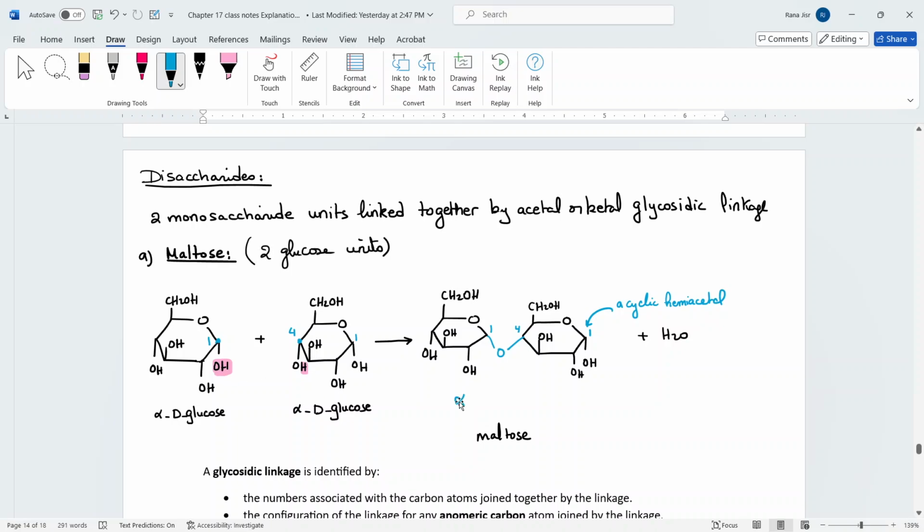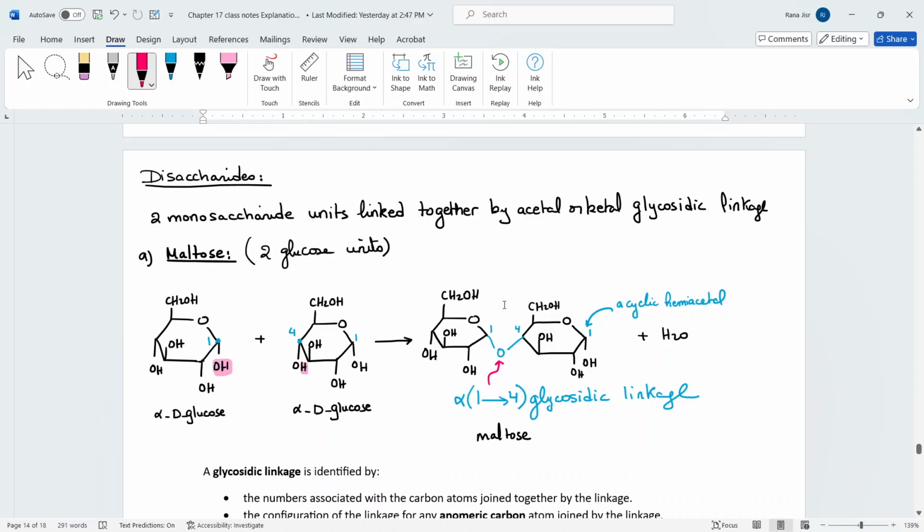So when I want to name that glycosidic linkage, since it formed from the alpha glucose, it's going to be an alpha, and I am making a bond between carbon 1 and carbon 4. So this is how I name it: alpha-1,4 glycosidic linkage. This is how you name it.